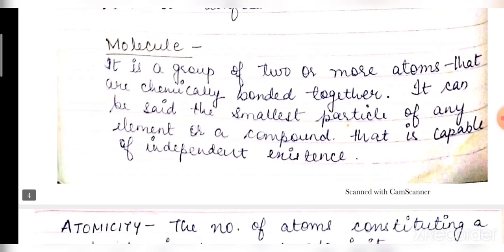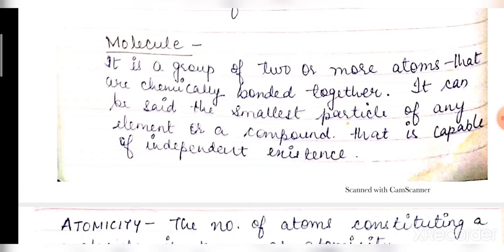Now let's discuss the molecule. It is a group of two or more atoms that are chemically bonded together. It can be said that it is the smallest particle of any element or compound that is capable of independent existence. That means if we talk about any element or compound, the smallest particle we consider is the atom.